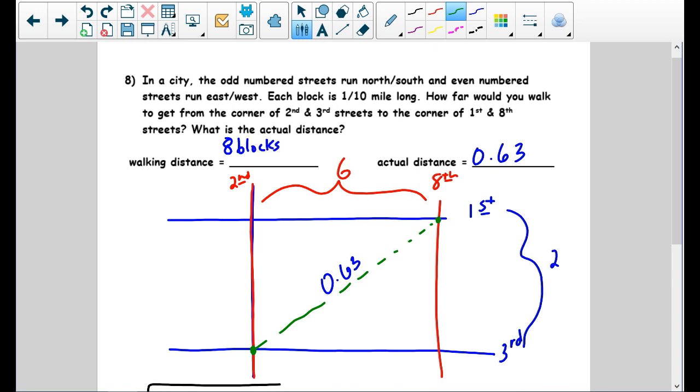And if I take that 8 blocks times my 1/10, yes, it would be 0.8. Good. So 0.8, and that would be miles. Okay. All right. Distance formula.